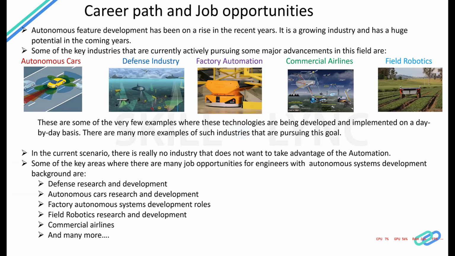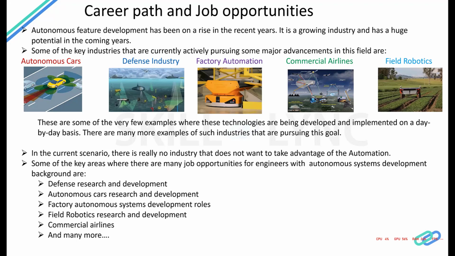So the opportunities of being in this space are endless. I just don't have enough space here to give you all the examples of all these different fields that you can be in as a robotics engineer. So I've given a few examples.